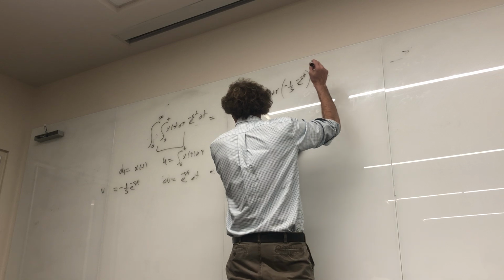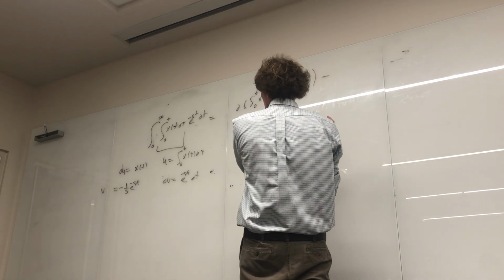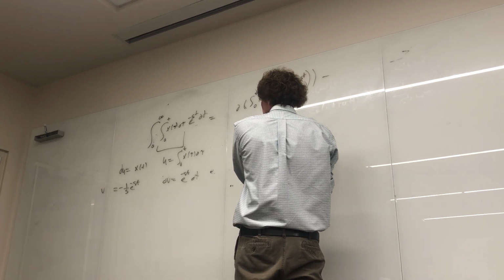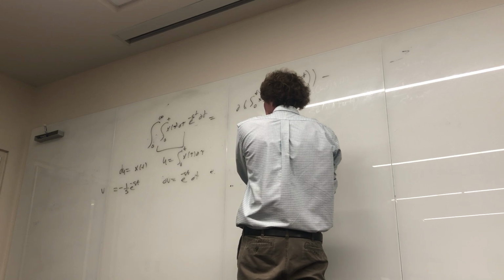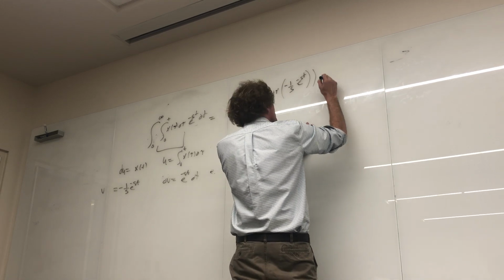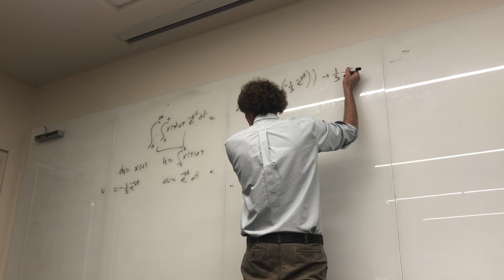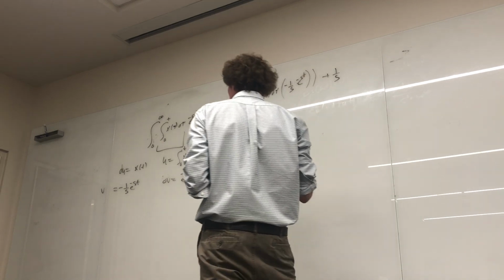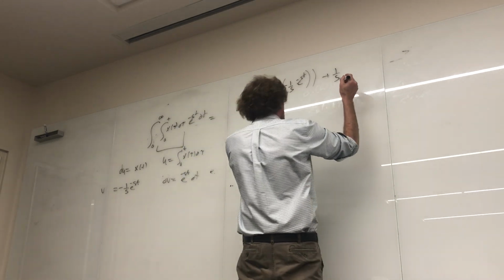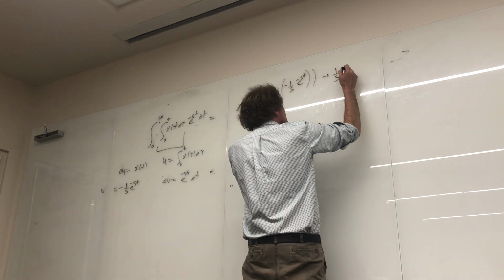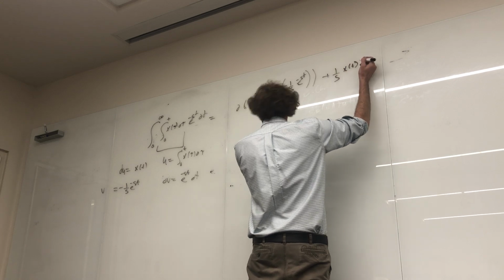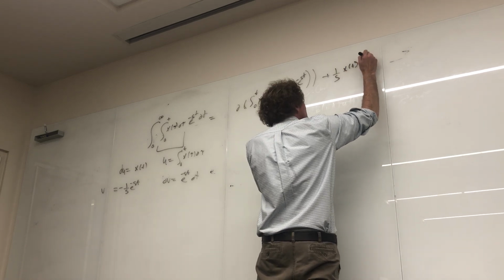So it's uv, minus makes this a plus 1 over s times x of t times e to the minus st.